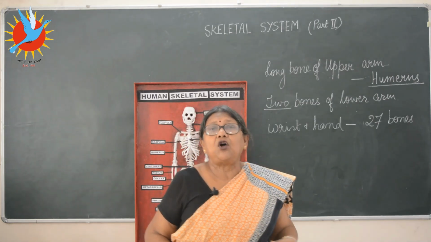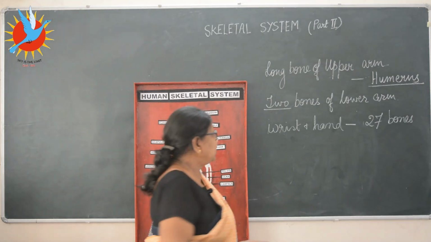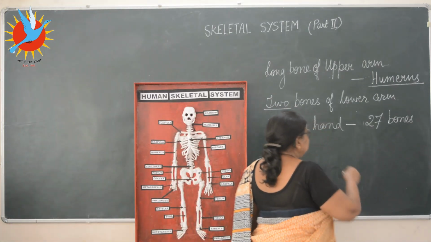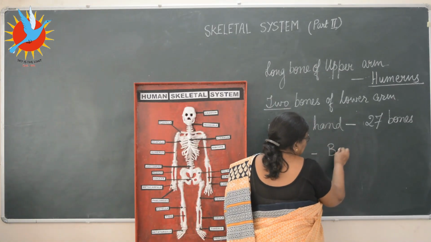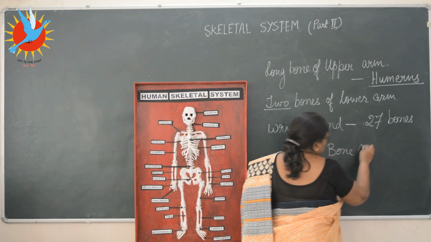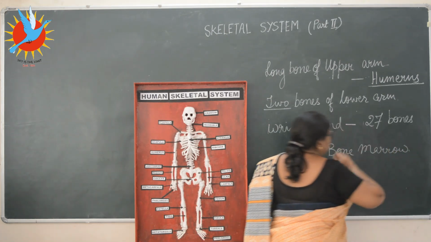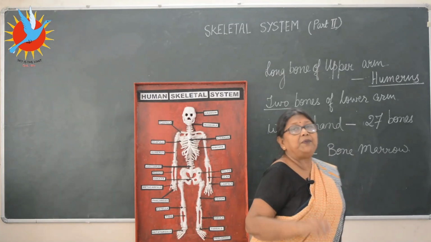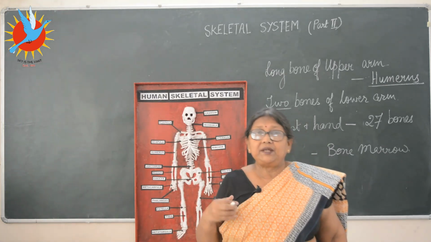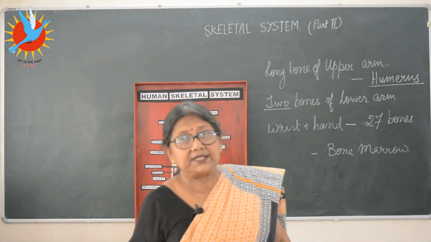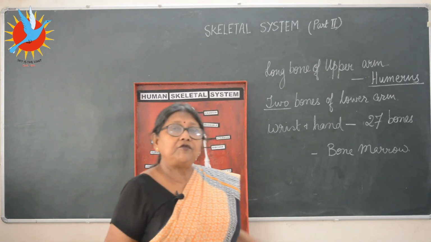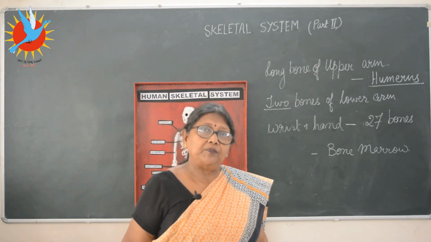In the center, the long bones have got the cavity, which is filled with a very important substance called the bone marrow. This bone marrow is very important because the red blood cells and the white blood cells of a body are all formed inside the bone marrow.